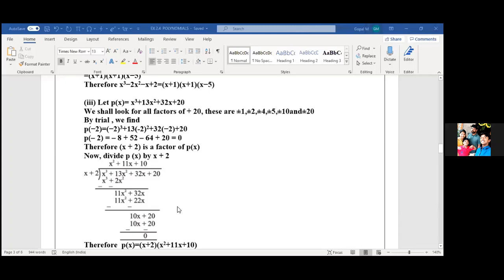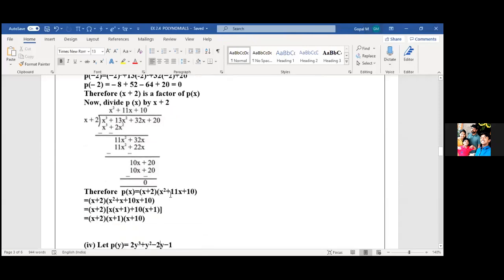So now, what is the p of x value? 2 factors I got here. One is x plus 2, the other one is x square plus 11x plus 10. Now we'll factorize this quadratic polynomial. What are the factors of 10 I'll take? 10 and 1. 10 ones are 10, 10 plus 1 is 11. So I'll take that and I'll factorize. So what are the answers I got? x plus 2, x plus 1, x plus 10.